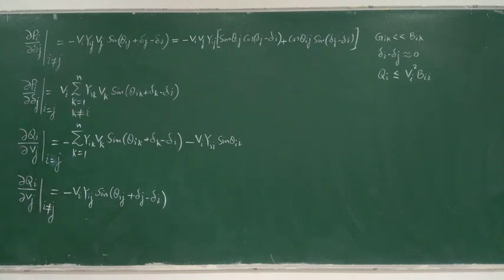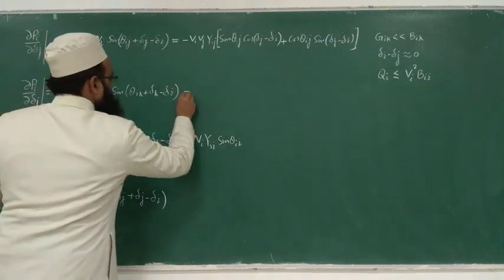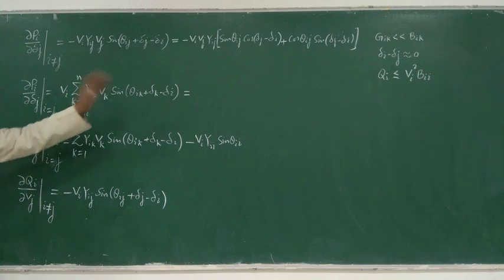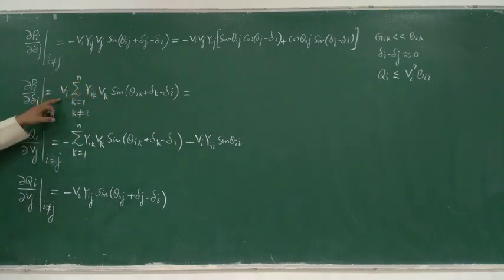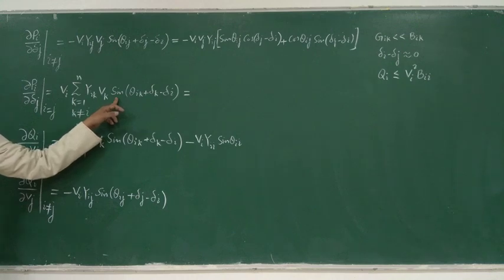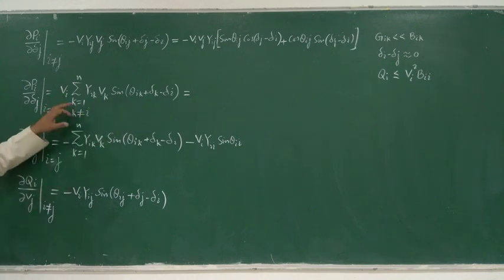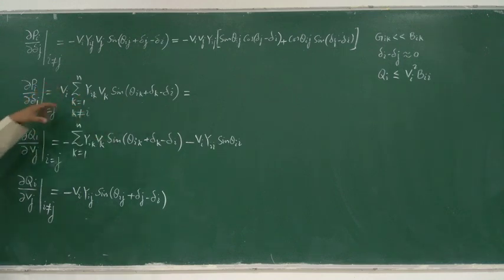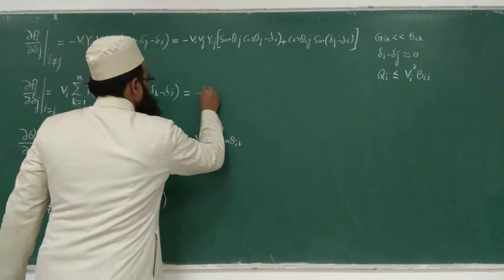What about this? See, we have all terms from k equal to 1 to n except the ith term. If we add the ith term and subtract it, then Qi is the negative of Vi, k is 1 to n, Yik Vk sin of this. So can we write this as minus Qi?